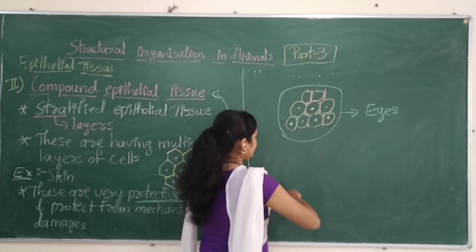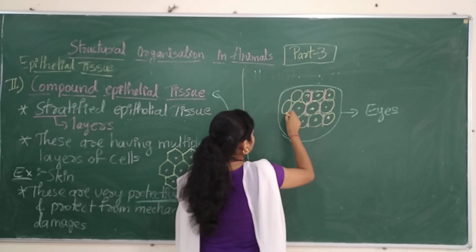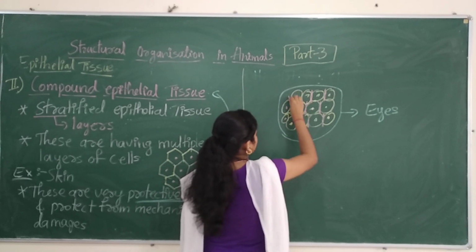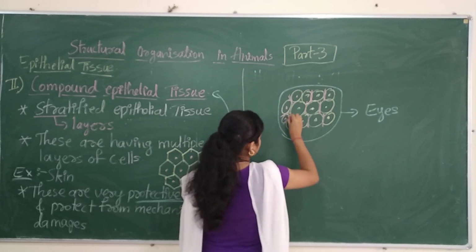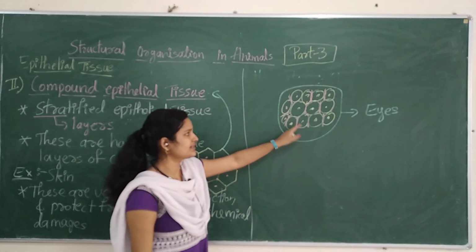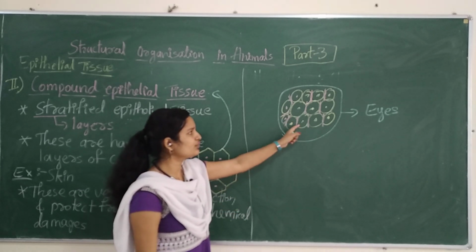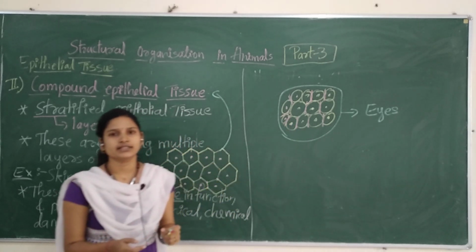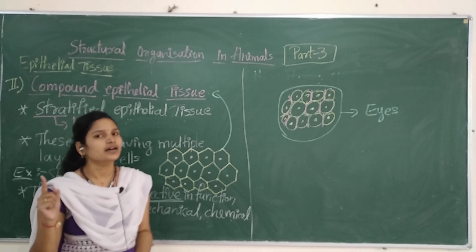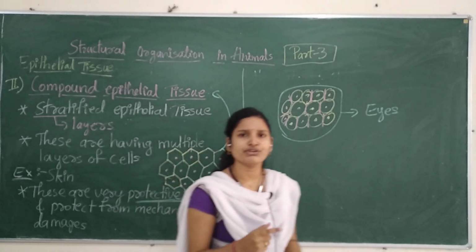There will be the presence of many cells, and they are going to interact with one another. The space between one cell and another cell is marked by the pink color. So these are going to interact with one another and form your eyes in the head region only.